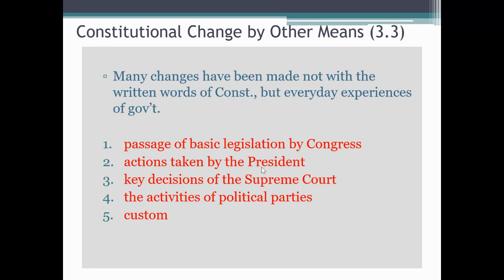So that kind of sounds a little confusing, but I'll give you some examples here in a moment. So we're really looking at the first 3, Congress, President, and Supreme Court.